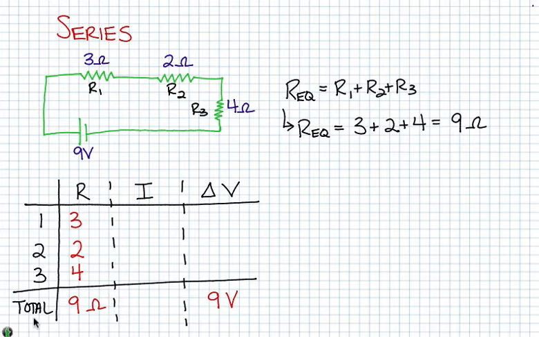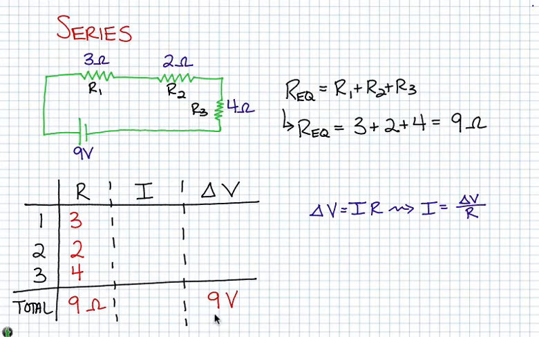You should hopefully immediately see that as soon as I have my total resistance and my total voltage, we can relate these two by Ohm's law, which tells us that the change in voltage equals the current times the resistance. If I'm solving for current, I would divide both sides by R. And what I'm finding here is that my current will very simply equal my voltage divided by my resistance.